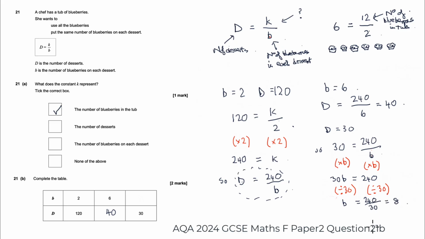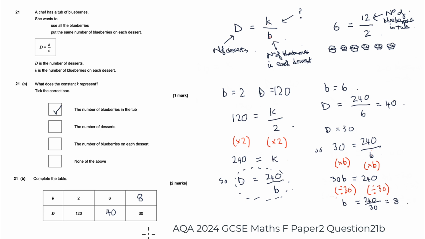You'll get 8. And what that means, if we've got a tub of 240 blueberries, 8 blueberries in each dessert, and you'll get 30 desserts.